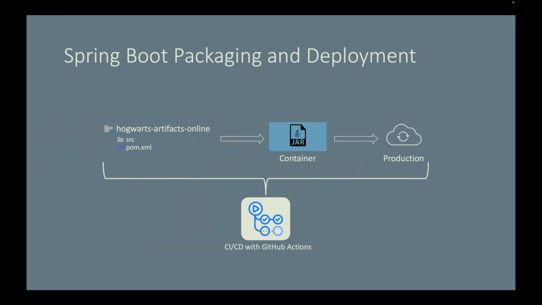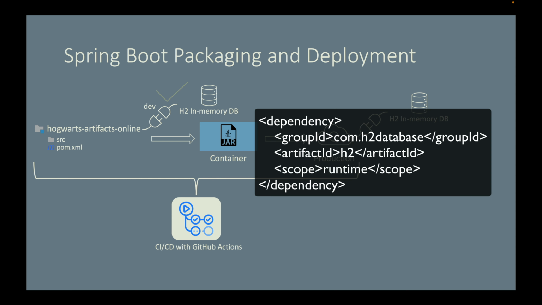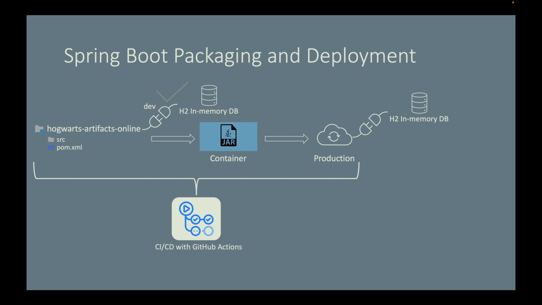However, the data is currently stored in an in-memory database called H2. Although it is very convenient to use an in-memory database during development, just adding a dependency in the pom.xml file and you have the database ready, it is not a good idea to use it in production.